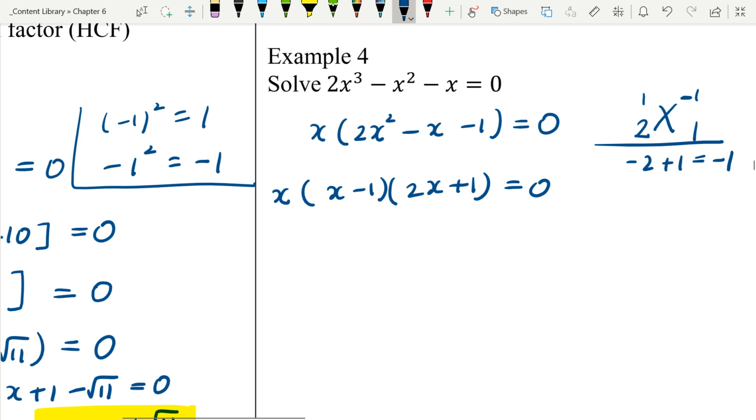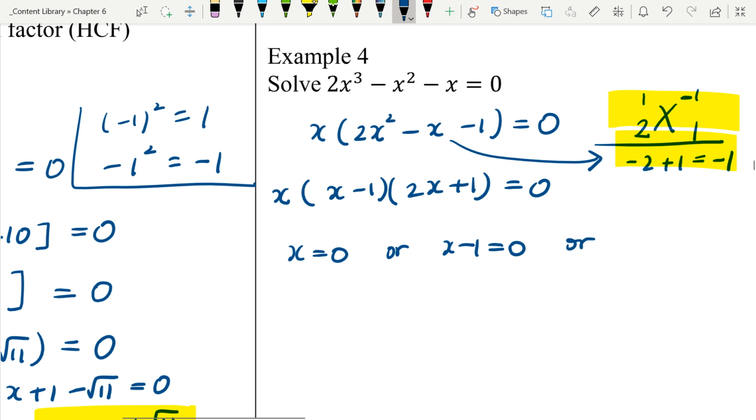This is used to factorize the bracket, the quadratic. So what we will have is x equals 0, or x minus 1 equals 0, or 2x plus 1 equals 0.